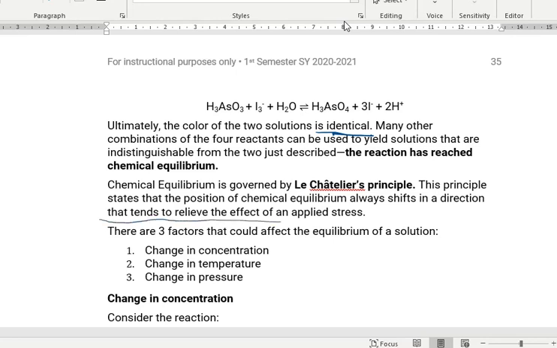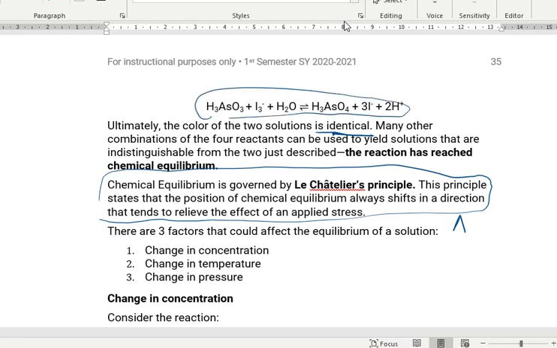Let's understand it. If we have a reaction that has reached equilibrium such as this one, the orange red is constant, right? It reached equilibrium when the concentration became constant. When its orange red color is constant, that is when we know that it has reached chemical equilibrium.